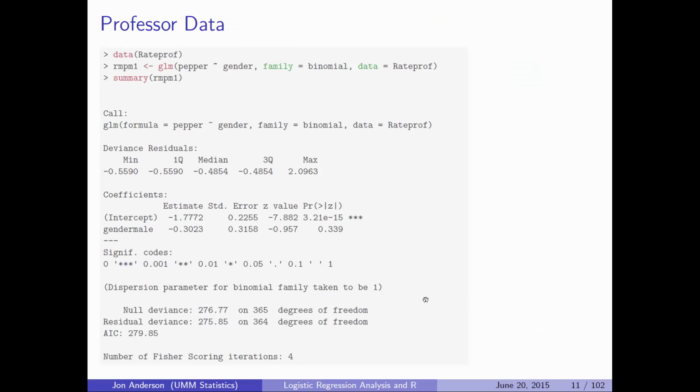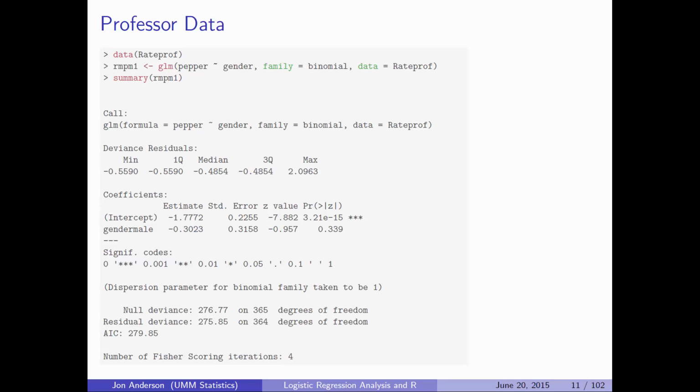Here is an example illustrating this. It's data from ratemyprofessor.com, and the outcome variable is whether the particular faculty member has been thought of by their students as physically attractive. If the students think the faculty member is attractive, they are given a pepper rating, yes or no. Pepper yes means the professor is attractive.